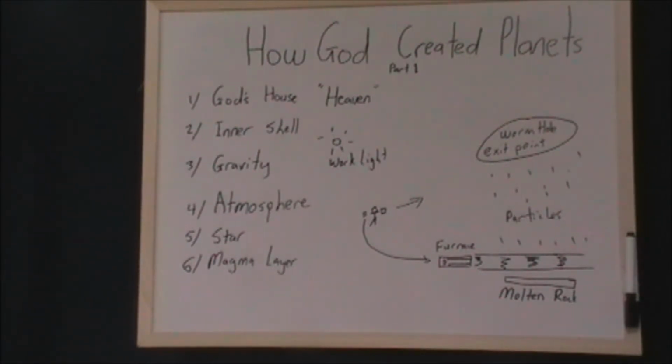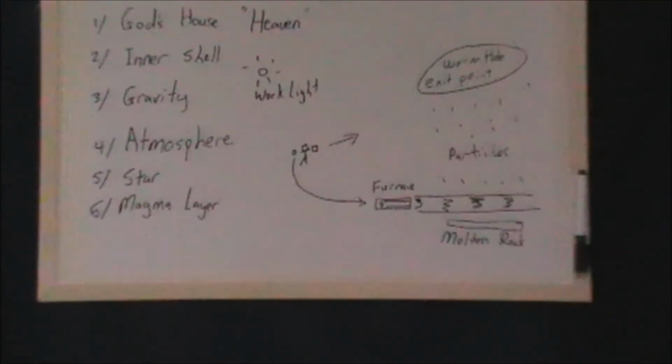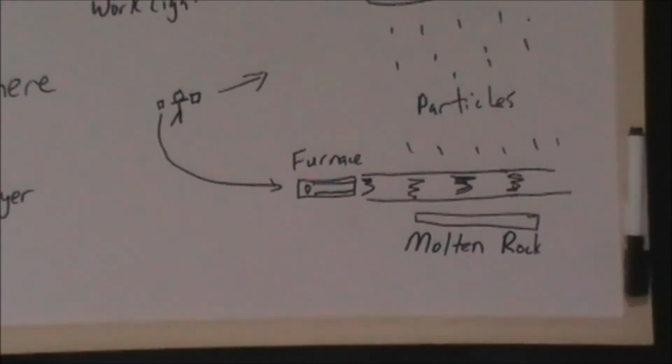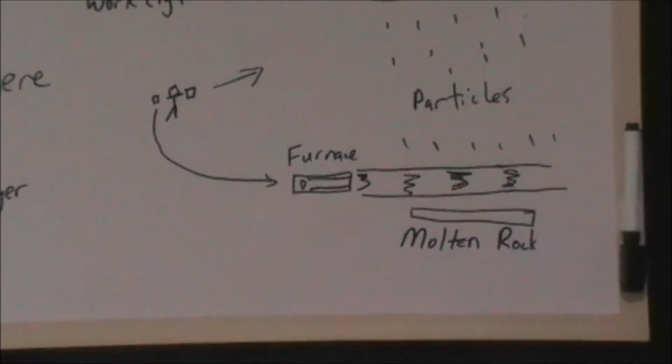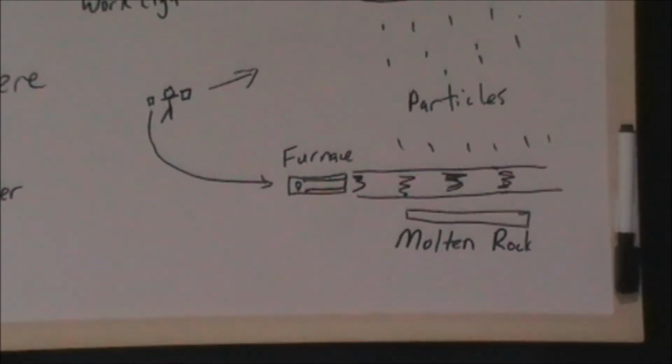So this was God's furnace, and with the furnace God produced heat, and it was a type of beam. You could not go in front of it, it was extremely hot.